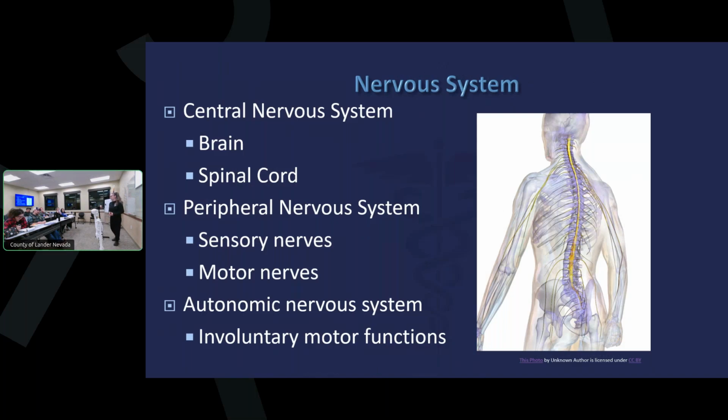I forget about that. All right, so our central nervous system is our brain and our spinal cord. And then peripheral means what? Away. So a peripheral nervous system is away from our spinal cord. We have our sensory nerves, so if you're able to feel hot and cold, that's our sensory nerves. And then we have our motor nerves, which allow us to move things.